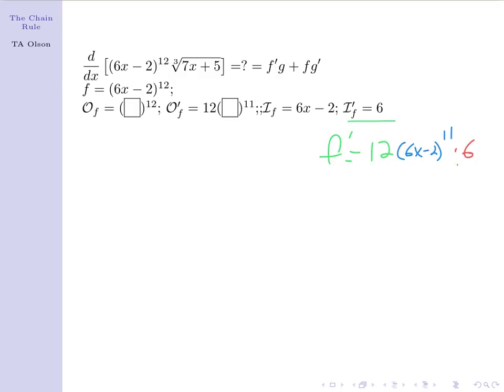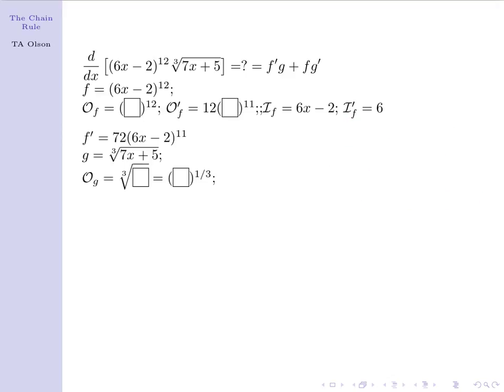Well, 6 times 12 is 72, so I could write f prime is 72 times (6x minus 2) to the 11th. And that's how I have it written here, right? The f prime is 72 times (6x minus 2) to the 11th.